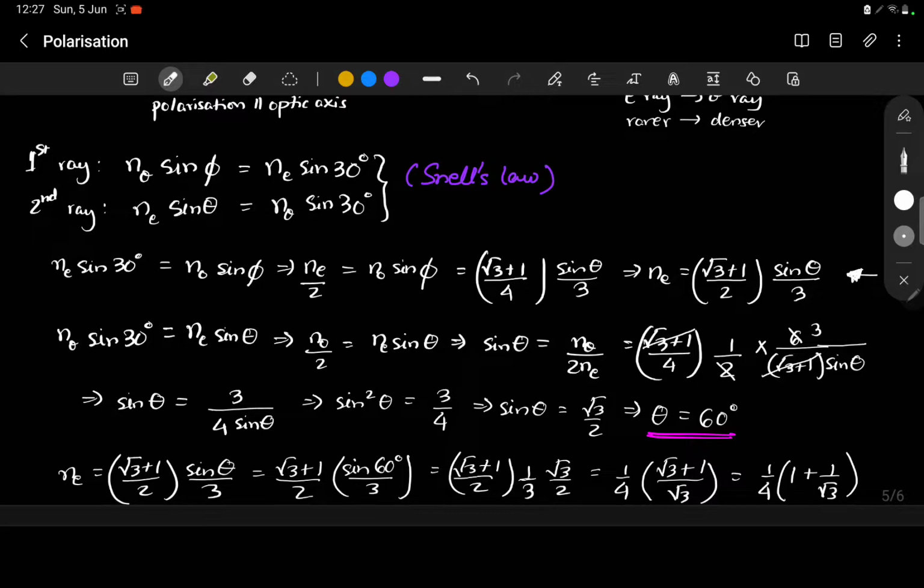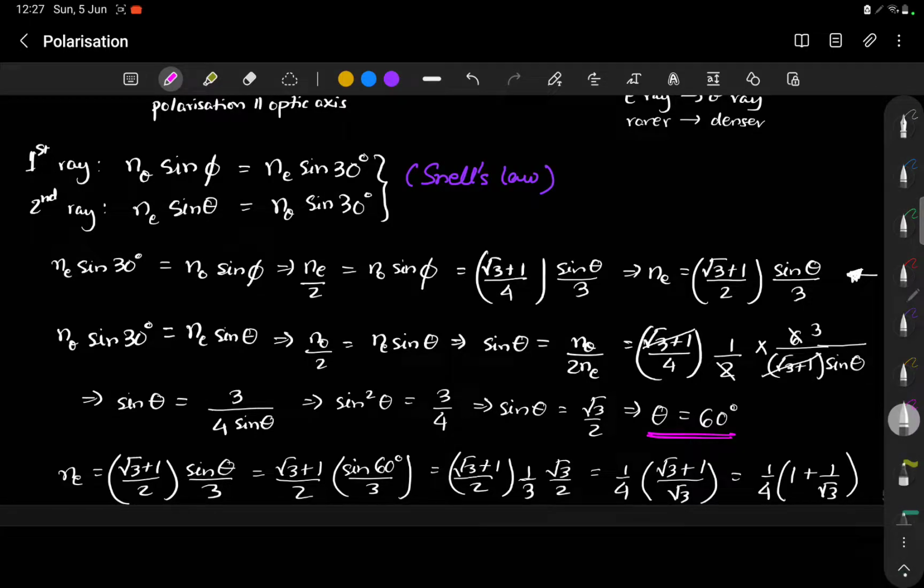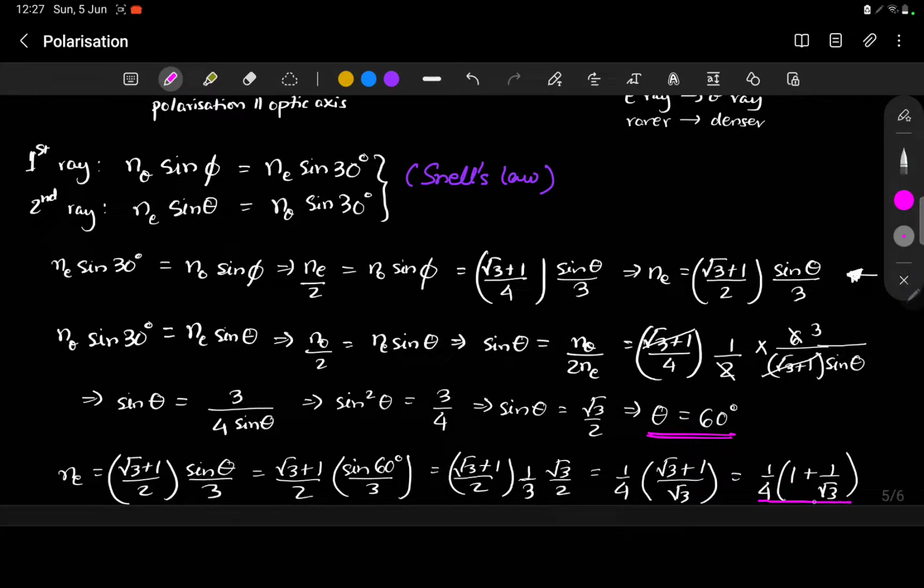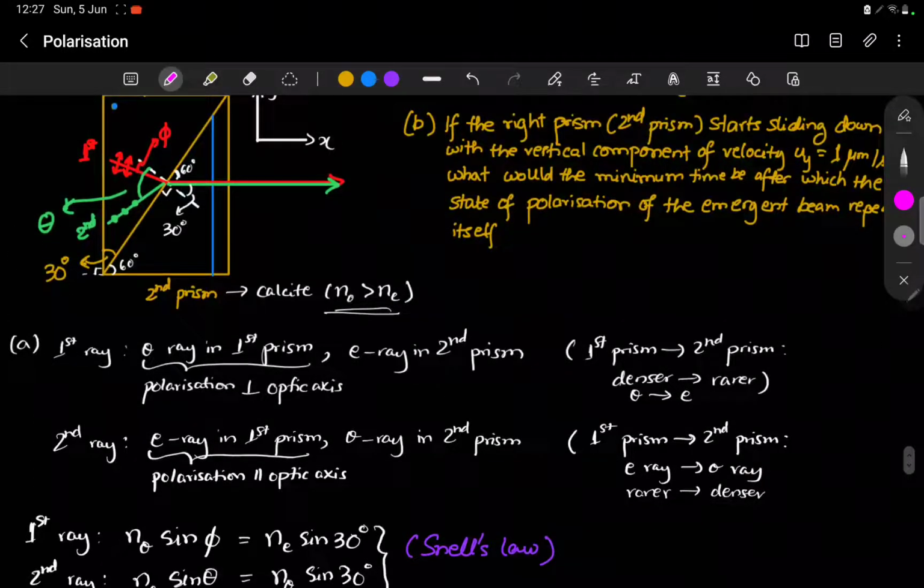So this is the value of Ne that we were supposed to find out. So this right here is Ne, and we have completed the first part in which we were supposed to find out value of theta and value of Ne. Theta being this angle that the second ray makes with the normal. Now let us move to the second part.